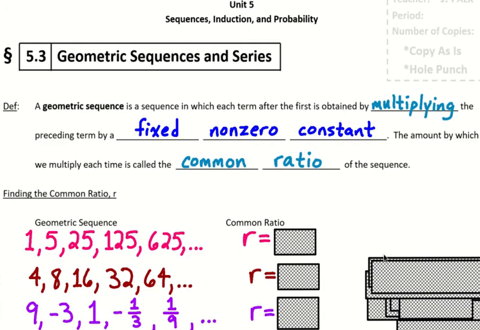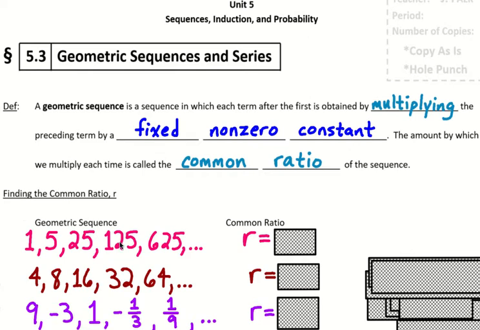Maybe an even simpler example to start off would be 1, 2, 4, 8, 16, 32, 64, and so on and so forth, where you're always multiplying by the same number to jump to the next term.